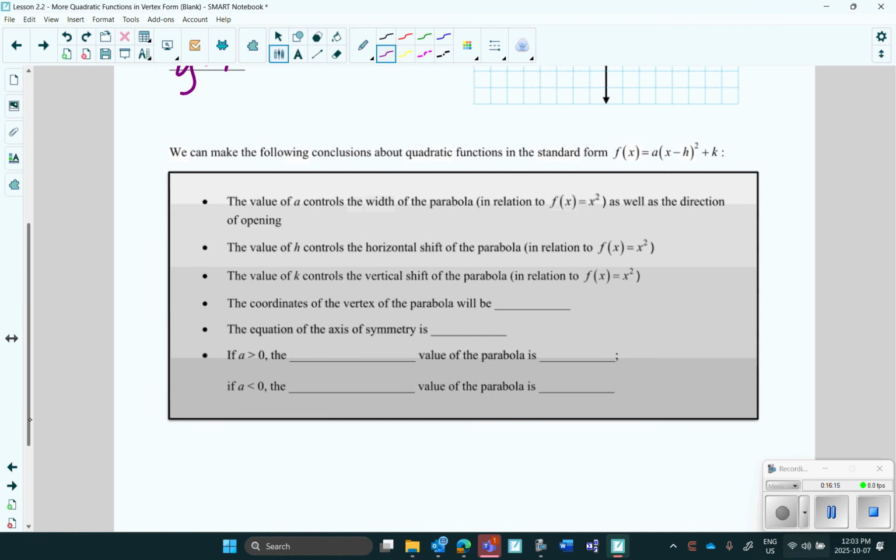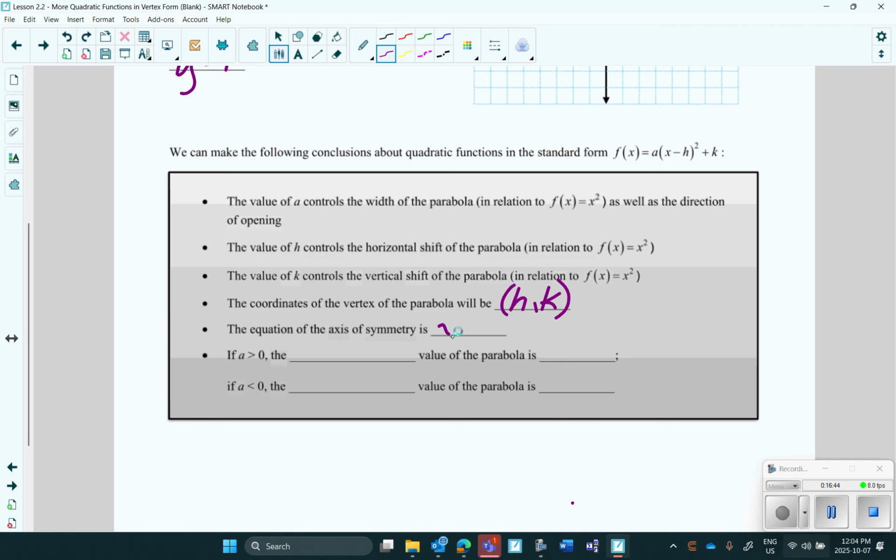So just remember, this sort of summarizes everything. We've already written this, what A, H, and K control. Whenever you have an equation like this, the vertex will always be whatever the value of H is, comma, whatever the value of K is. If there's nothing for H, we put 0. If there's nothing at the end, we put K as 0.